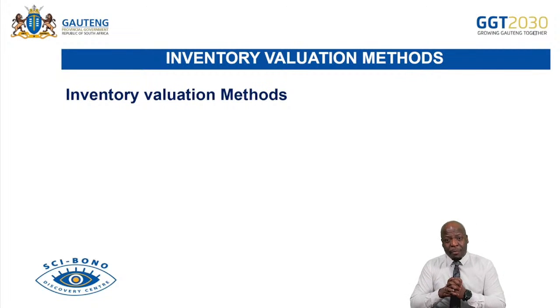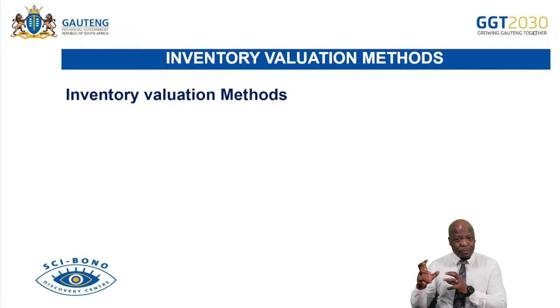Inventory valuation. The purpose of inventory valuation methods is to give value to our inventory, because we acquire inventory at different times and at different cost prices. So at the end of a particular period, we should be able to assign value to our inventory. That is what inventory valuation methods do.